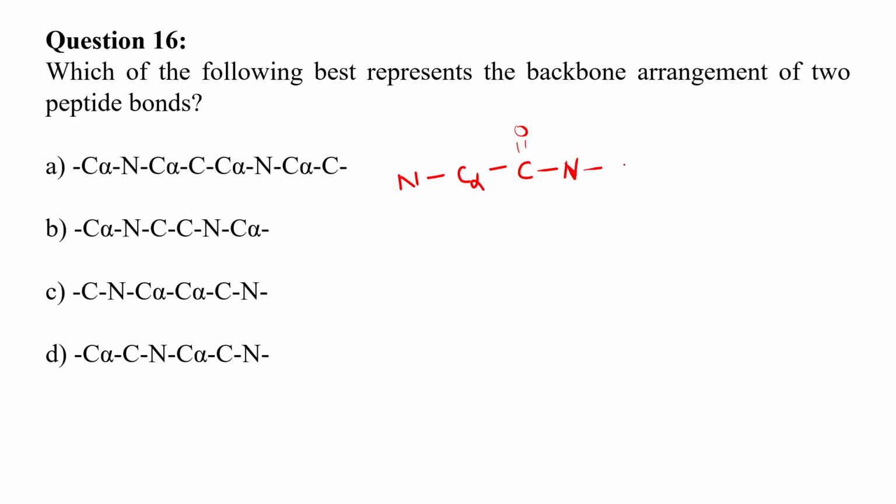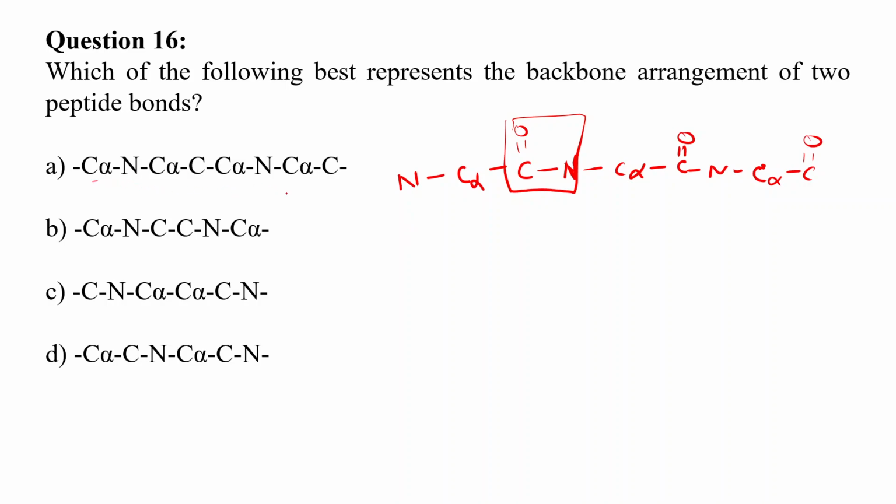So, nitrogen, again C alpha, again the carboxylic carbon. So, this is one peptide bond formed between two amino acids. Similarly, one more peptide bond would look like this. Okay. So, now let us see which of the following options match this.